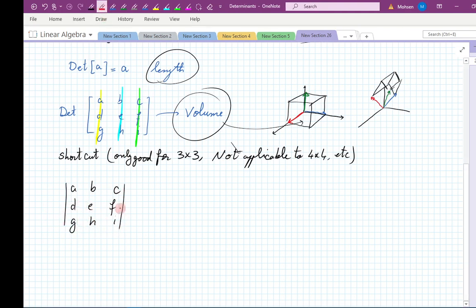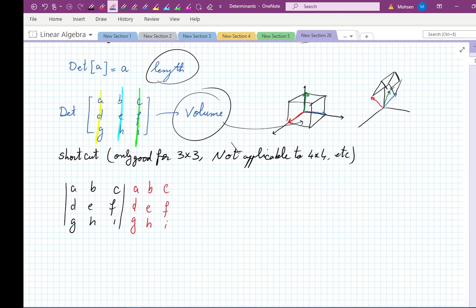You duplicate the matrix, or at least the first two columns of it. So A, D, G, B, E, H. Or if you want to do a clean job, maybe go ahead and duplicate all of it. You have two choices.